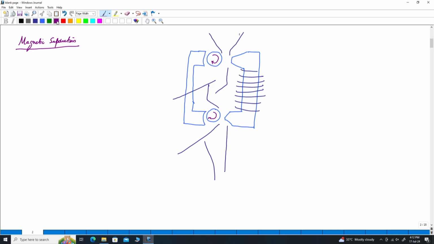So, now that we have our schematic done, let us try to understand how material flows inside it. So, we have the first stream of product coming in from this end, and we know that this is the raw material hopper. This is our pole piece. These are our coils. These are our rolls.